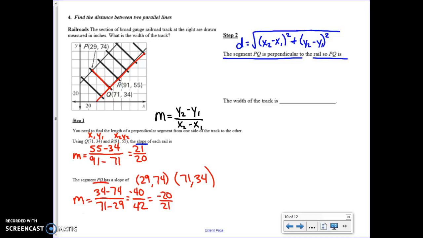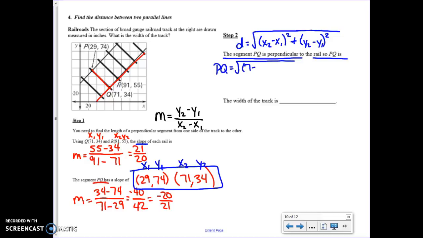Okay, so now PQ, again, here are the points from PQ down here. So this is my x1, this is my y1, this is my x2, this is my y2. So, I put these in here, PQ equals big square root. I have 29 and 71, and so I'm going to subtract x2 minus x1.